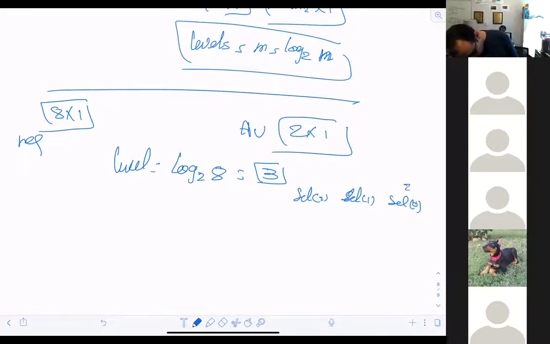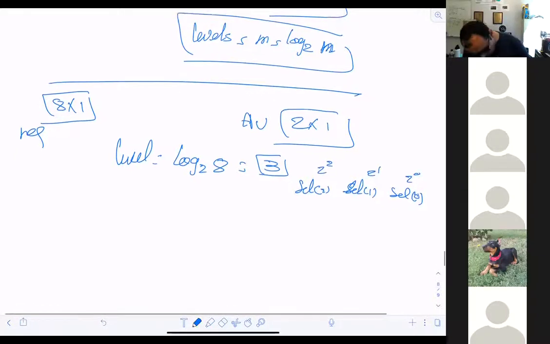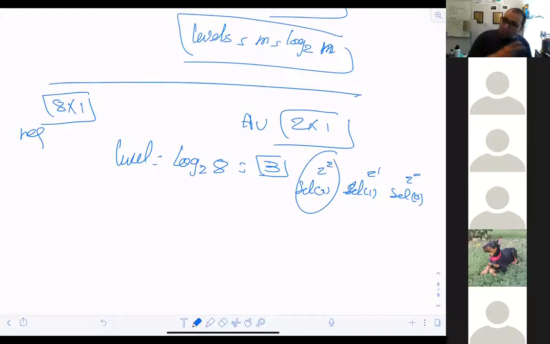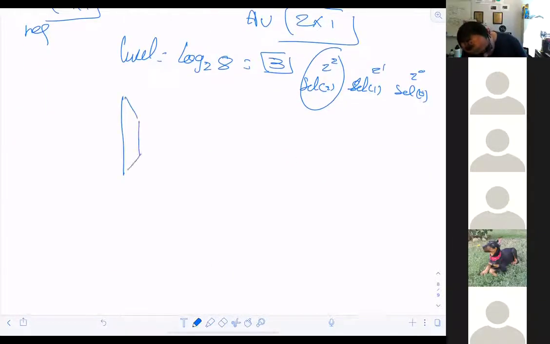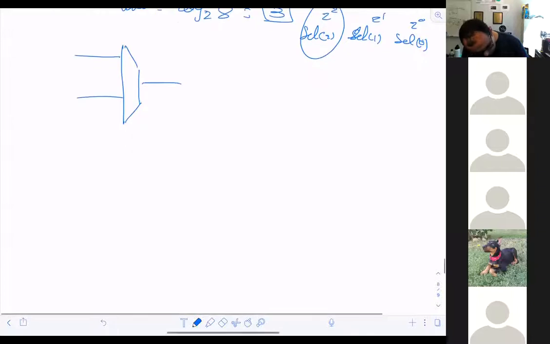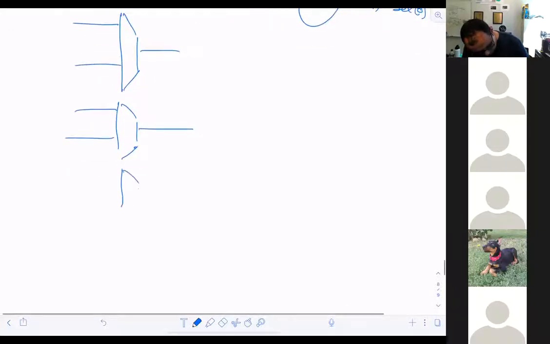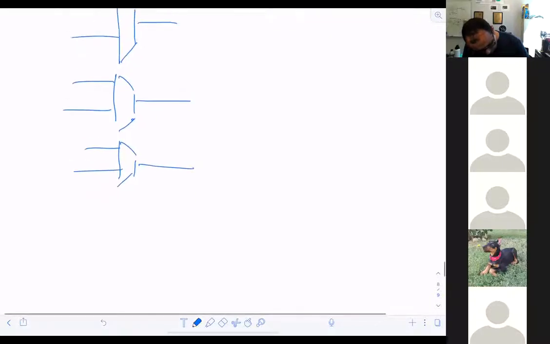So here is going to be 2 power 0, 2 power 1, 2 power 2, right? So in level 2, I'm going to have 4 multiplexers. Let's do it. So it's going to be here 1, 2, 3, 4.